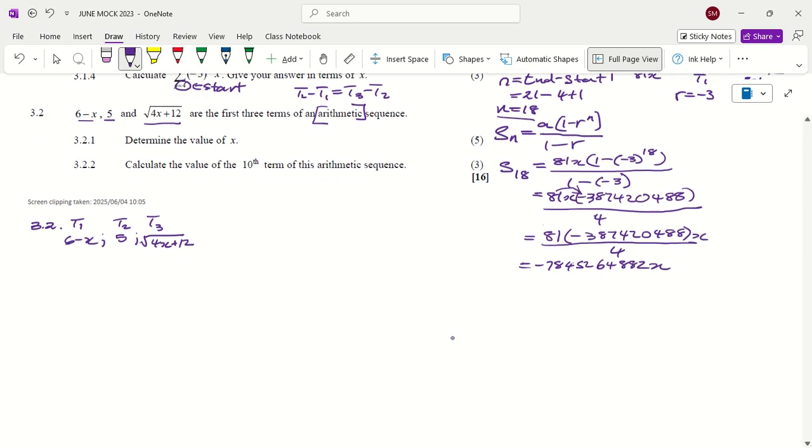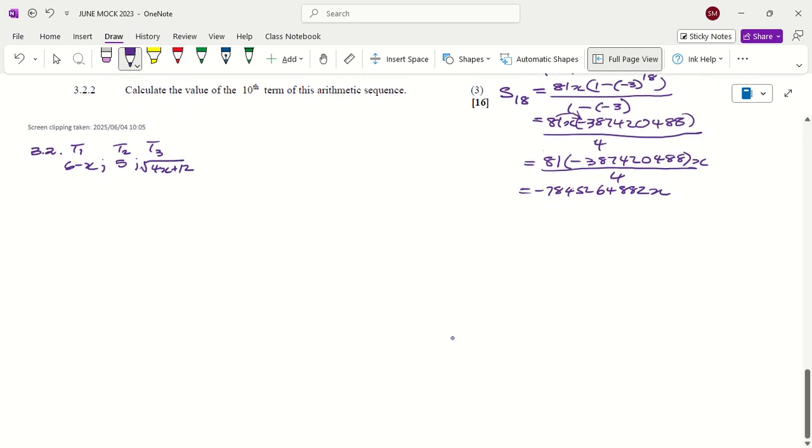So when we simplify this, we are going to have T2, which is 5, minus 6 minus x, it should be equal to root 4x plus 12 minus 5. Then we can solve for x.